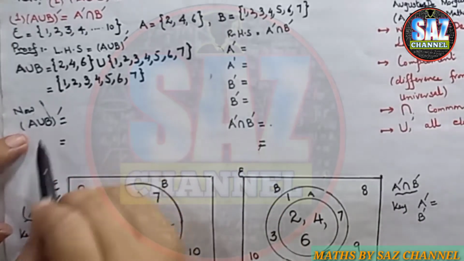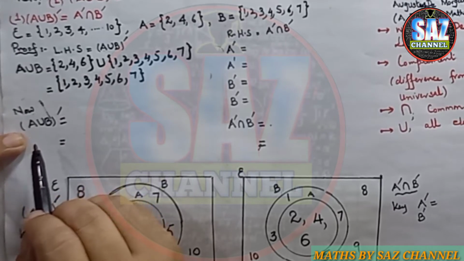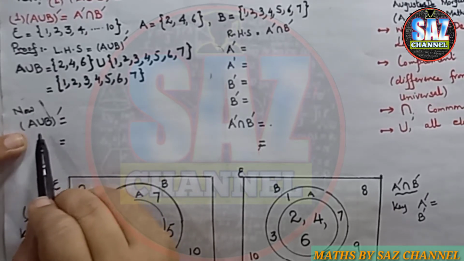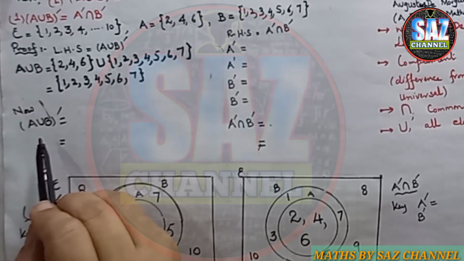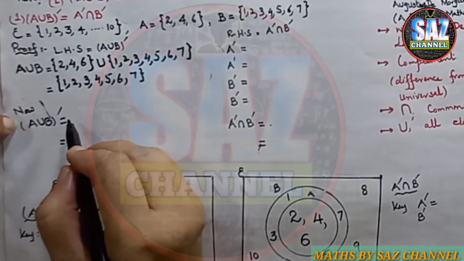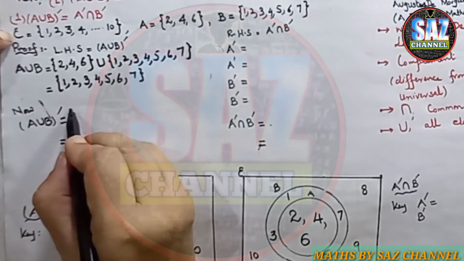Now, (A union B) whole complement. We know that the concept of complement says that we have to take the difference of this set from universal. If you find any difficulty in understanding the concept, you can watch my previous lesson, for which I'll give the link in the description box. Now, the universal has the elements 1 till 10.